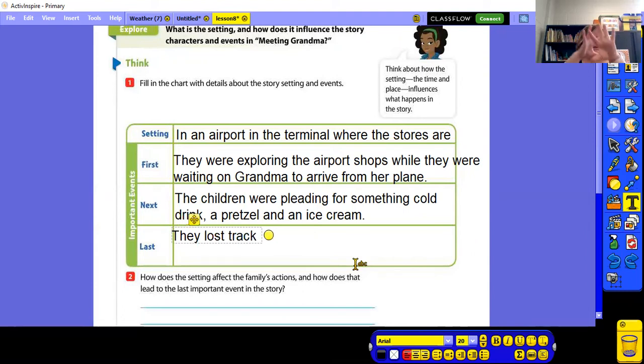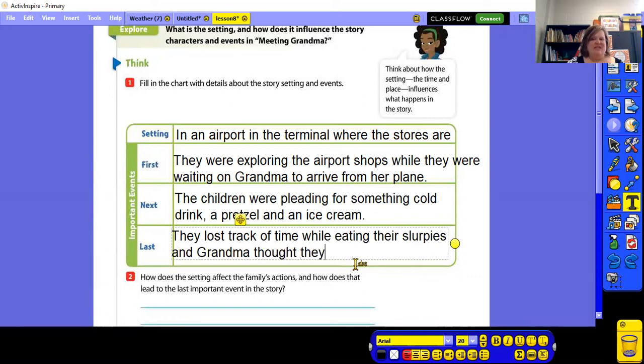I'm going to condense it all into one. So they lost track of time while, let's say while, eating their Slurpees. And Grandma thought they were lost and came looking for them.